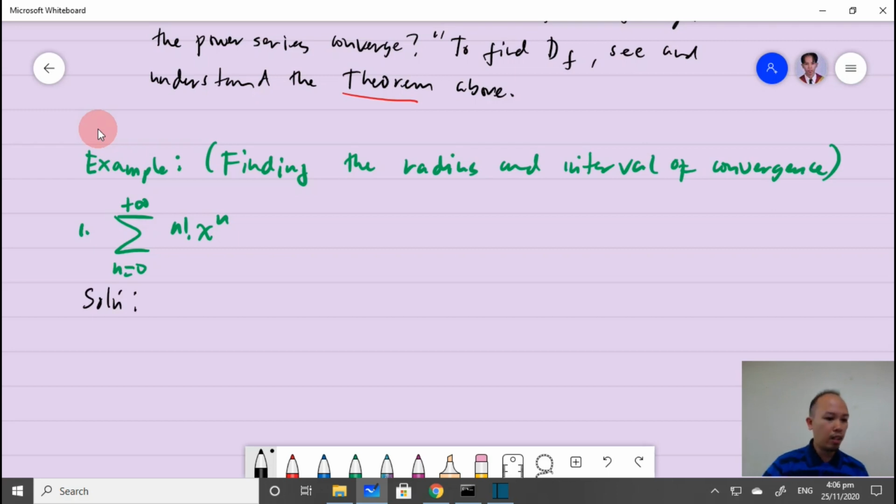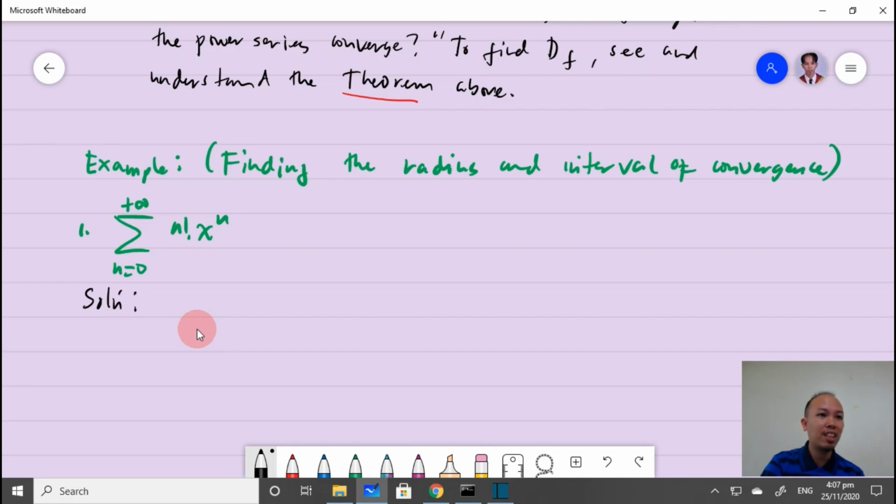So as I've said in the introduction, we will use the idea of the root test or the ratio test to find the interval of convergence, or shall I say, to find for which x the series converges.